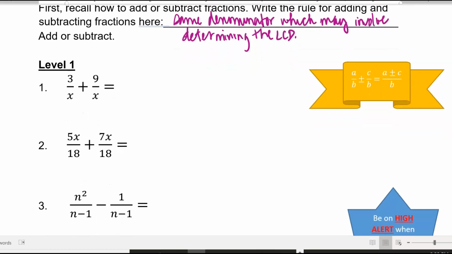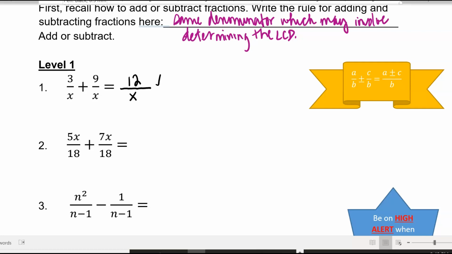If your denominators are already alike, you don't add or subtract the denominators. You just write the denominator down, you just write it back over. So for number 1, our denominator will be x, but you are combining the numerator. So 3 plus 9 is 12. And we cannot simplify 12 over x, so we move on.